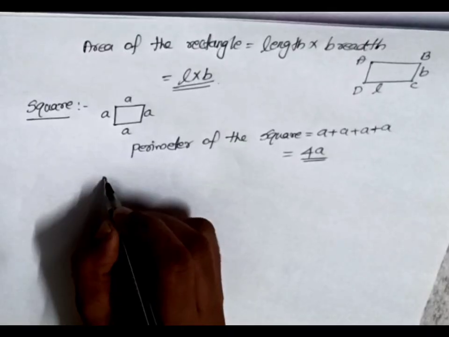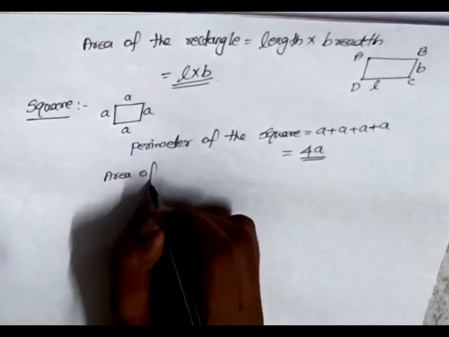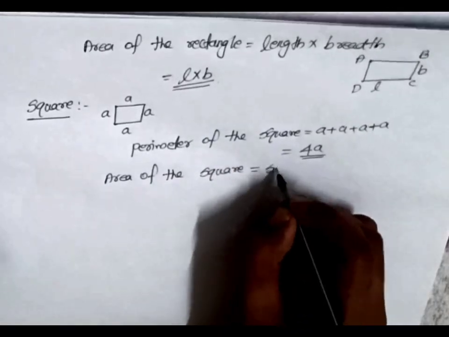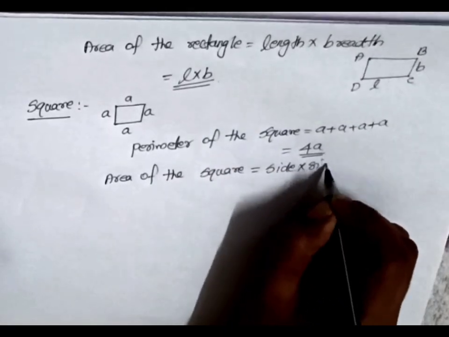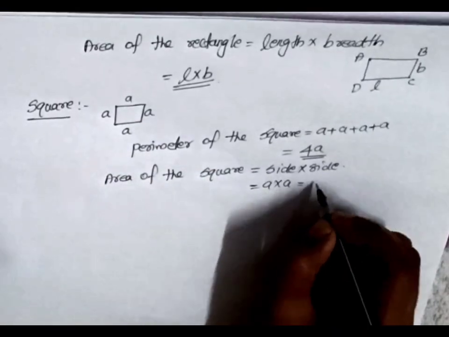Next, find out the area of the square. Area of the square is equal to side into side. Each side is a, therefore side into side is equal to a into a, that is equal to a square.